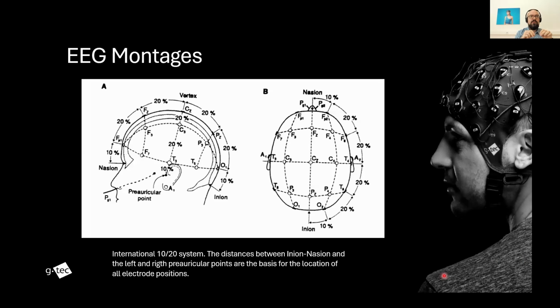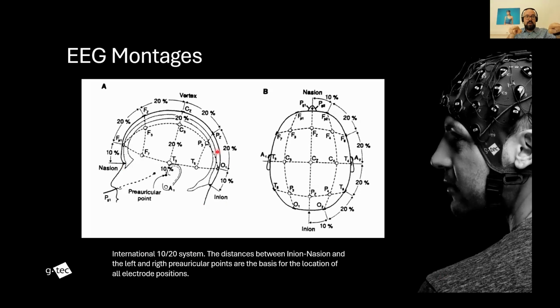So what is an EEG montage? EEG montage is the positioning of the EEG electrodes on the head. What all of you probably already know is the International 10-20 system. There are other systems as well, which measure the distance between the inion, which is this bony structure on the back. I don't have hair, so you can see much better, to the nasion, this bone between the eyebrows.